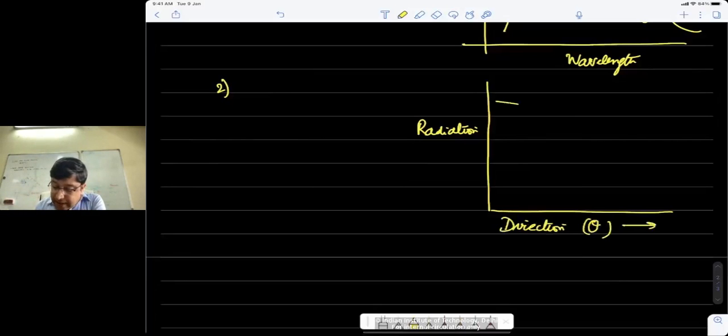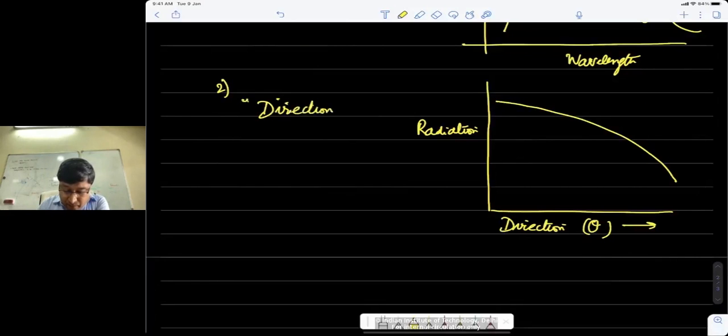So if the radiation intensity depends on the direction, then we call this a directional distribution. This means that when you look at radiation from different angles, you get some dependence. That is one other aspect that we will be concerned with, and quite heavily. In fact, both spectral and directional dependencies will be very heavily used when you talk about radiation.